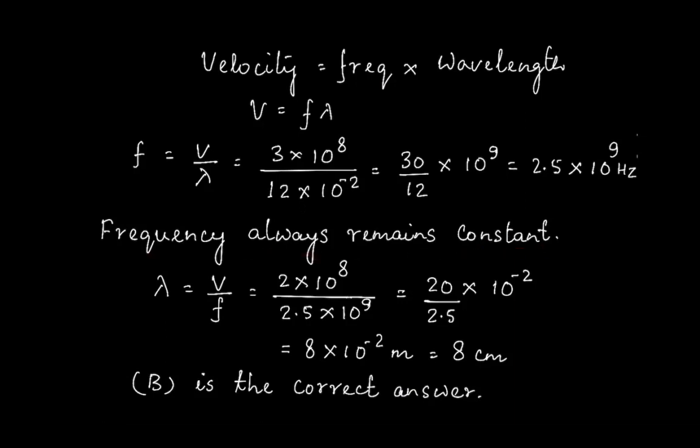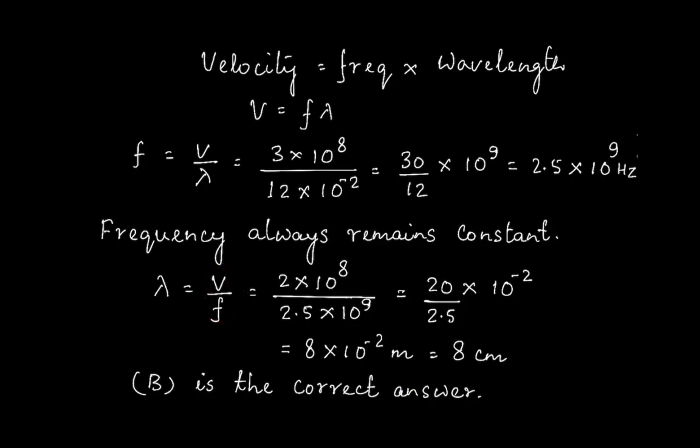Now, once you have calculated the frequency, the frequency in the plastic container will still be the same. But we don't know what the wavelength is in the plastic container. So we will again use the formula V equals F lambda, and this time we'll make lambda the subject. When you make lambda the subject, you get lambda is velocity over frequency.